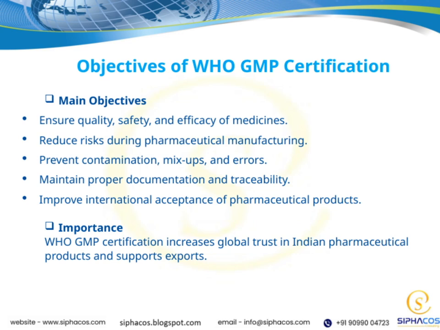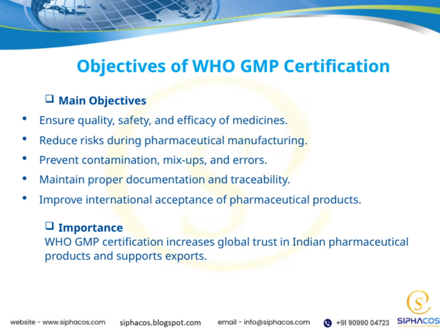Maintaining proper documentation and traceability is essential, too. This helps track every step of production, which is vital for accountability and addressing any issues that might arise later. Finally, the certification aims to improve the international acceptance of pharmaceutical products. When a product is GMP certified, it signals to the world that it adheres to high standards, making it easier to access global markets.